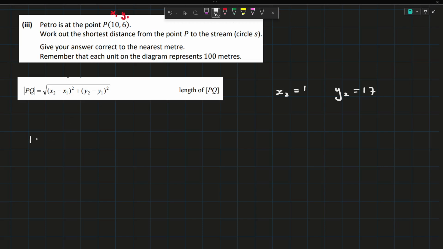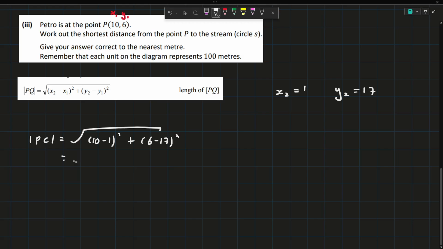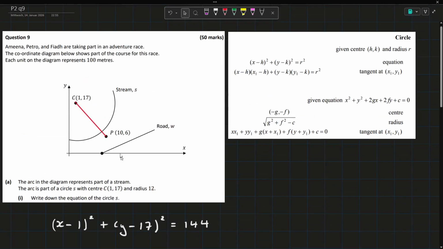So the distance from P to C will be equal to the square root of the difference of the x values, which is going to be (10 minus 1) squared, plus the difference in the y values, which will be (6 minus 17) squared. And you can put that into your calculator, and you'll get the square root of 202. So that's the distance between P and C, the center of the circle.